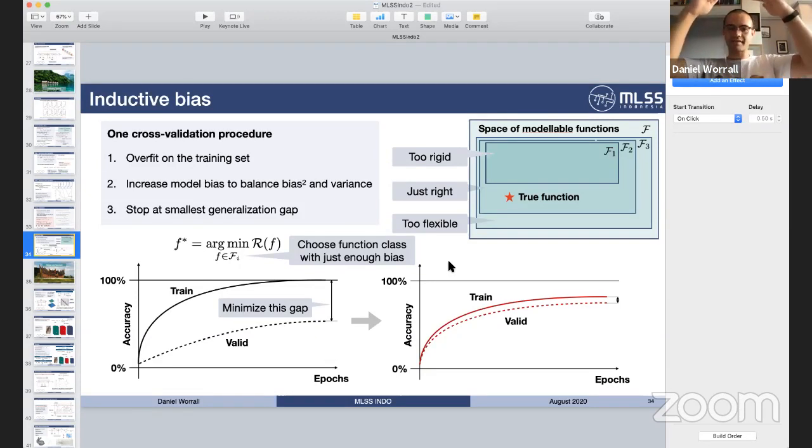Now that you've done that, if you look at your validation error, it should be a lot worse than your training error. So now that's the time you start adding extra regularization, weight decay, or maybe reducing the size of layers, reducing the number of layers, adding extra kinds of normalization. There's all sorts of things you can do. And you just keep on adding that until you've got your best validation error.